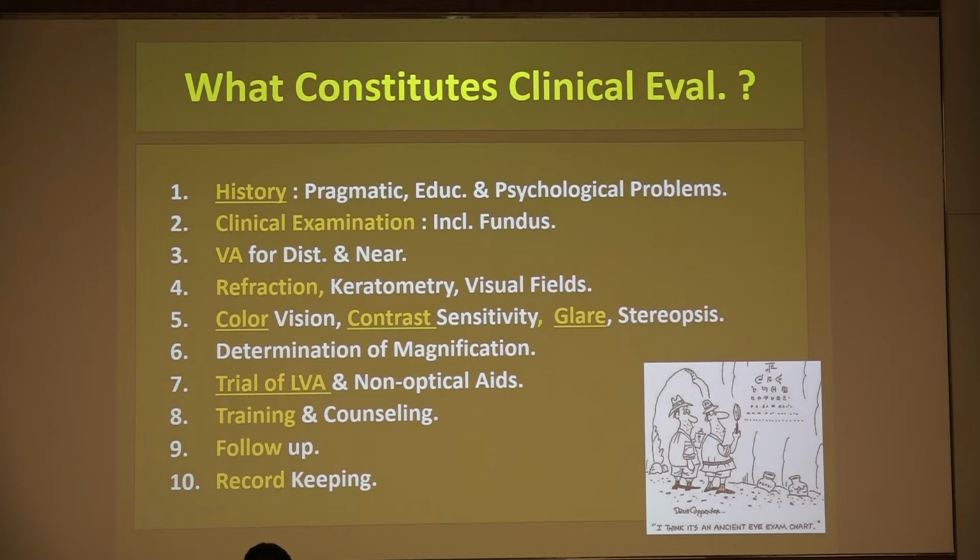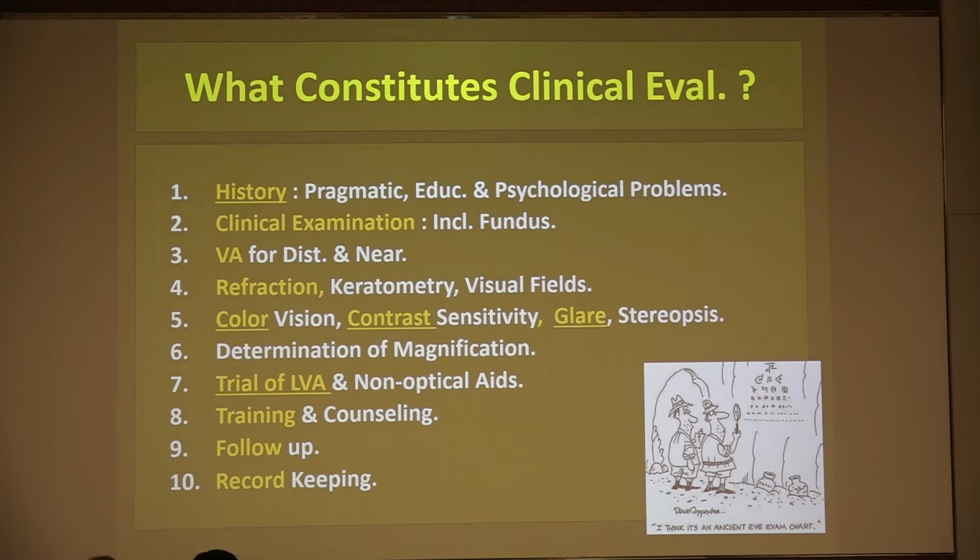In near visual acuity assessment, the main aim is to understand how they cope in their daily tasks, like personal care, hygiene, eating, cooking, reading, etcetera. Because the main aim is to improve the quality of life for such patients rather than giving them a prescription.